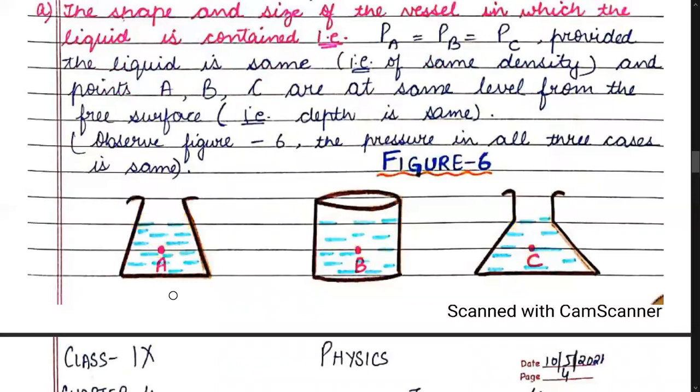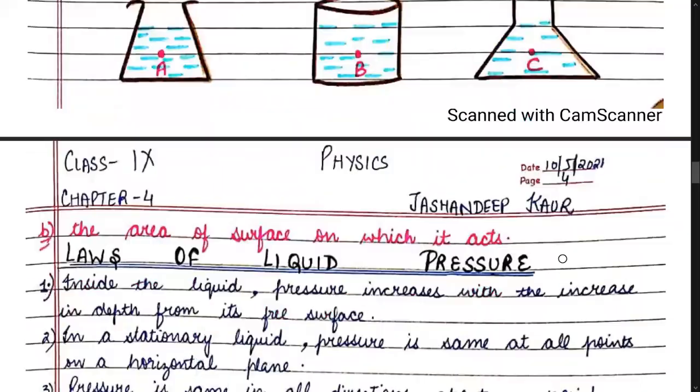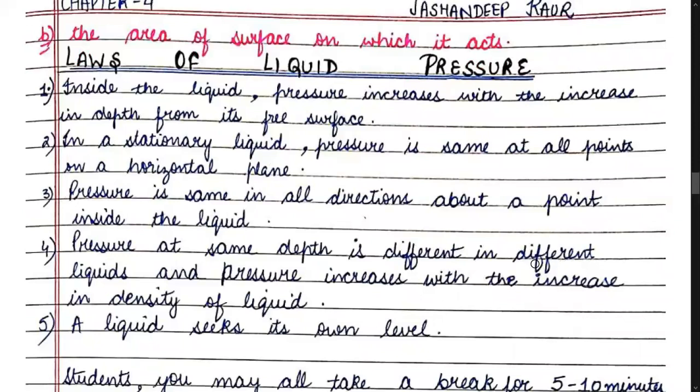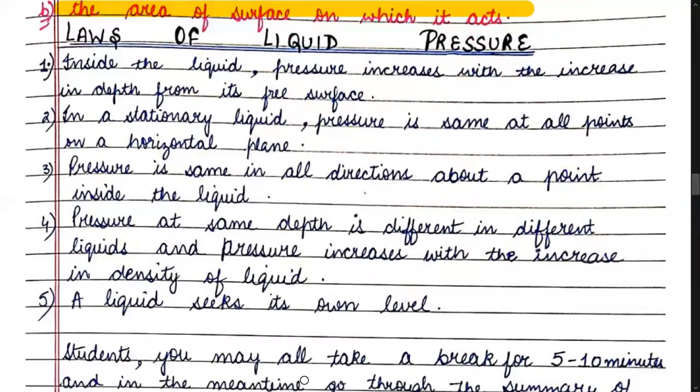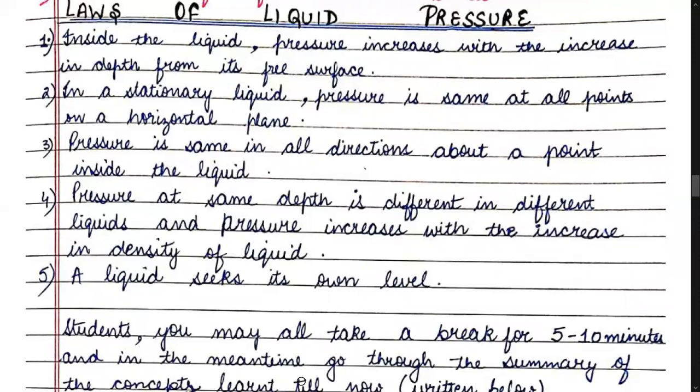Thus, pressure will not depend on the shape of the vessel. So in all the three cases of figure 6, the pressure will remain same. Similarly, the pressure also does not depend on the area of the surface on which it acts.